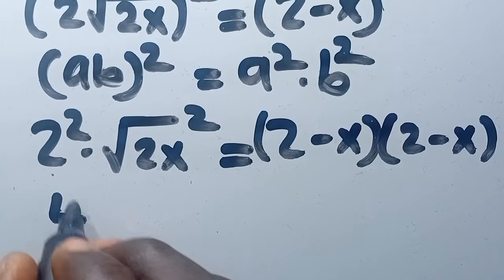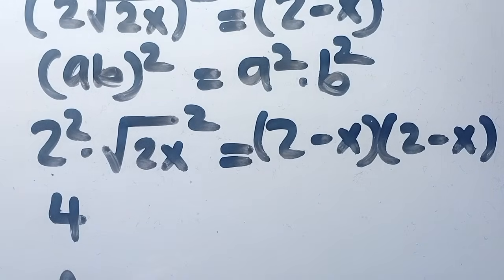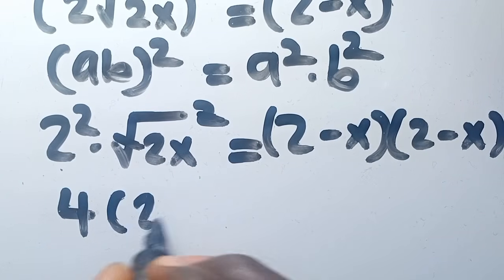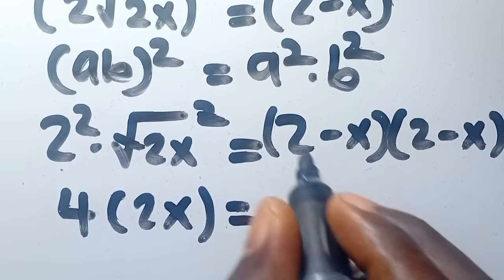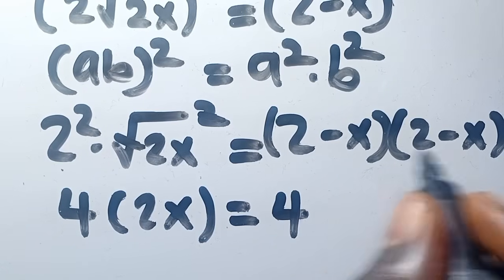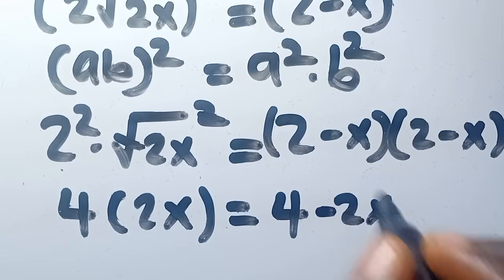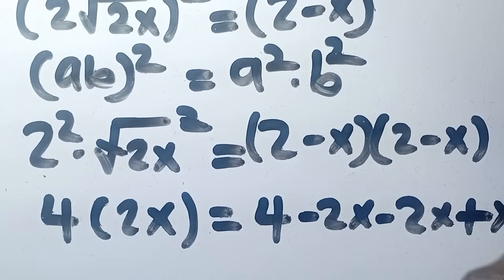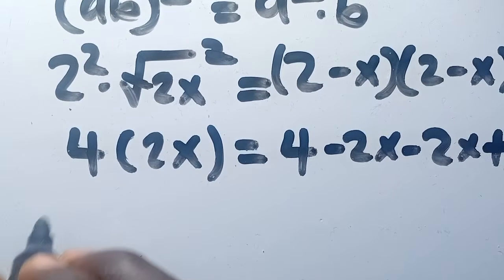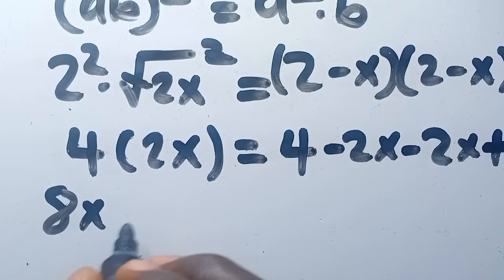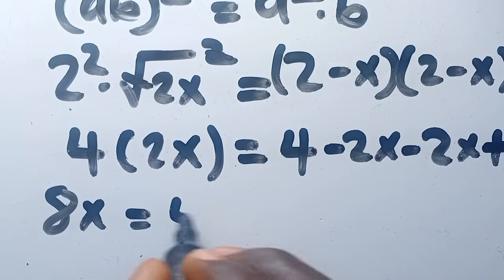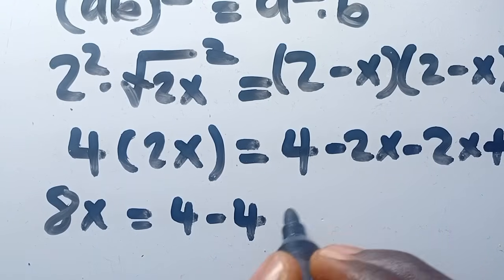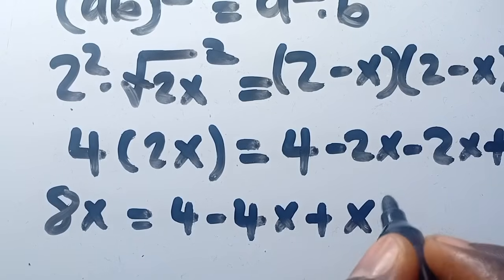So this will be 4. This cancels out this, we have times 2x. This times this will be 4, this times this will be minus 2x, plus x squared. This will be 8x. This will be 4 minus 4x plus x squared.